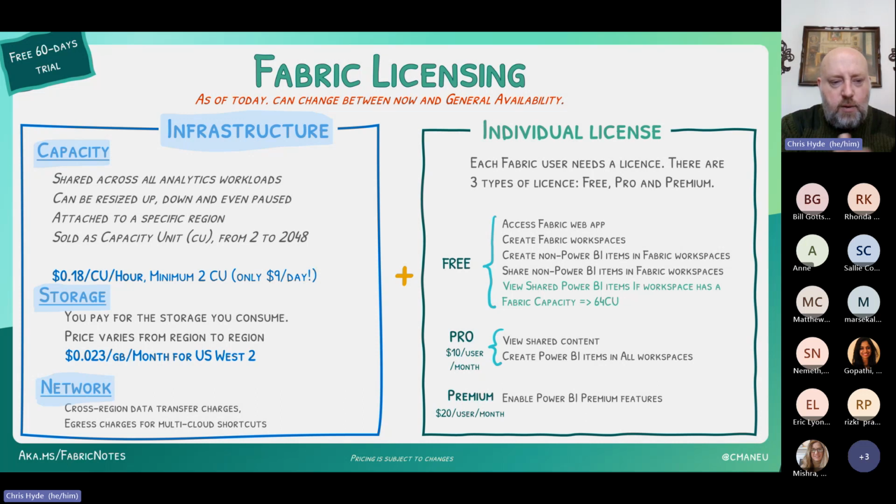I think West 2 right now is 2.3 cents a gig per month for data. So that works out to be what, $23 a terabyte a month. That's not too bad. That's pretty much nothing for most of the companies that we work for.